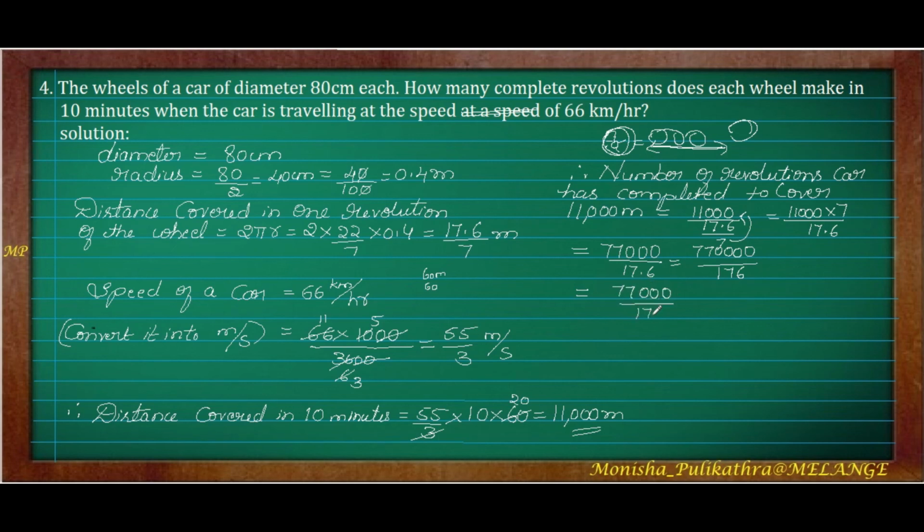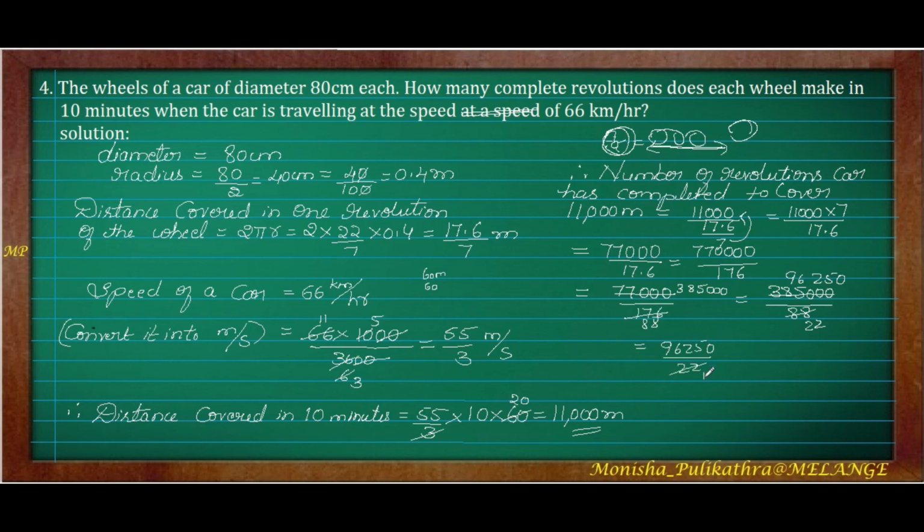77,000 divided by 176. First I will divide it by 2, that is 2 8s are 16 and 2 38s are 76 with 000, so it becomes 385,000 divided by 88. Next I will divide it by 4. So 4 22s are 88 and 4 96250s. Next, 96250 divided by 22.